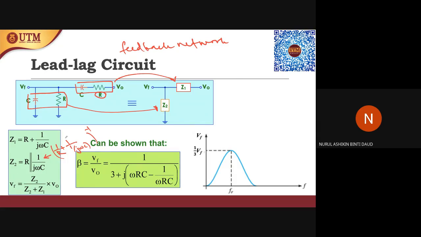And for VF, to get the gain, beta is always V output over VF, where VF is the input.